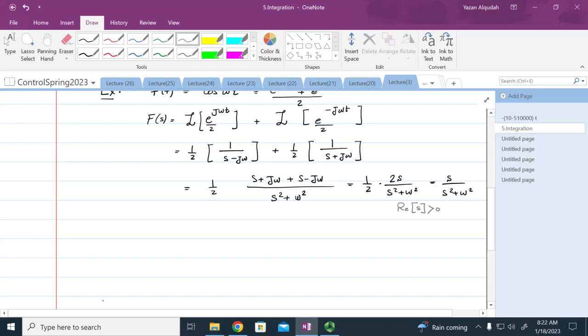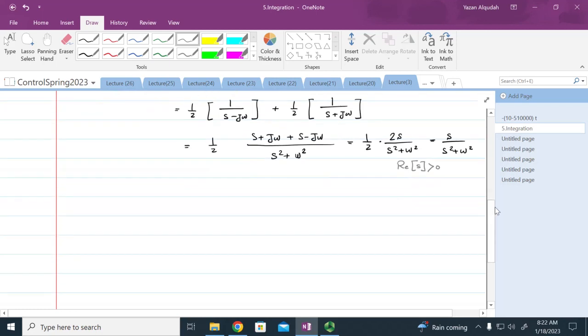Okay. Let's do another example. f of t equal to sine omega t. How do we find the Laplace transform of the sine, based on what we've done?